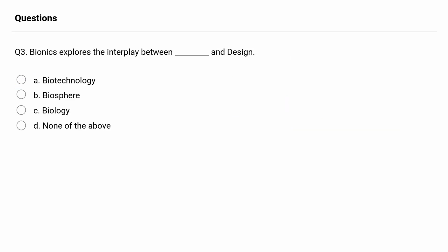To the next question. Again, I think it's a direct one. Bionics explores the interplay between dash and design. Bionics. Option C, sir. Biology. Okay, we've got option C. Anyone else? Bionics.